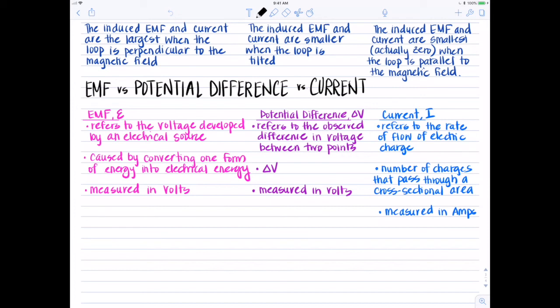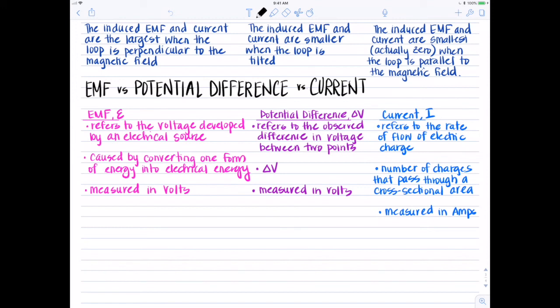It's caused by converting from one form of energy into electrical energy. So when we go from mechanical energy into electrical energy, we talk about EMF as a result. And it's a little confusing because EMF is measured in volts, just like voltage and just like potential difference.